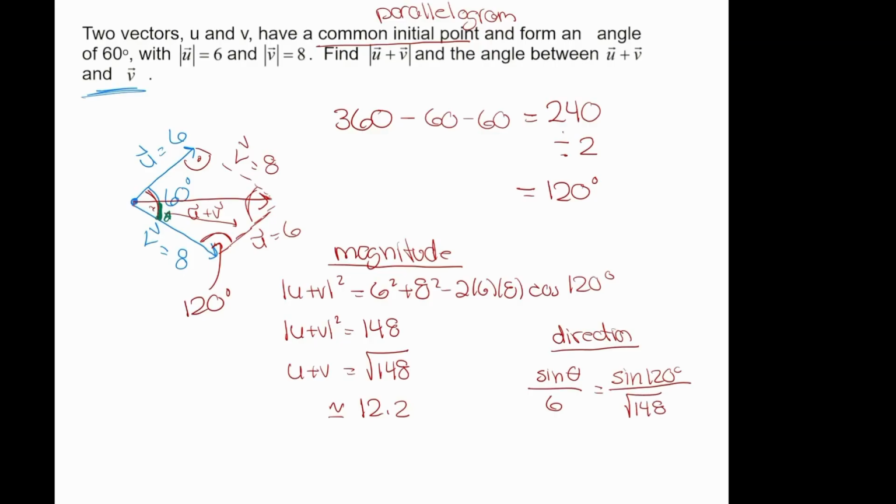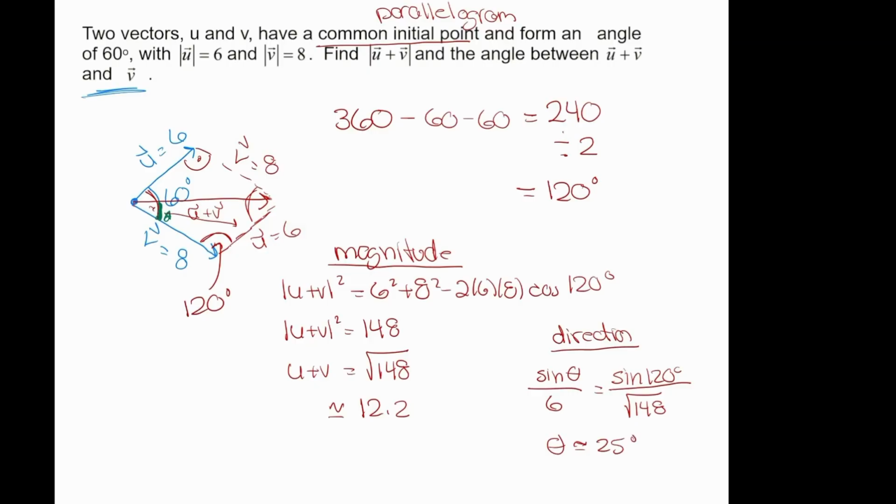You'll notice I've put the root of 148 back here because I want it to be as exact as possible, so I don't want to lose any decimal places. So I'm going to use the square root of 148 under there instead of the rounded answer from over here. If we rearrange to solve for our angle, we get an angle approximately equal to 25 degrees.